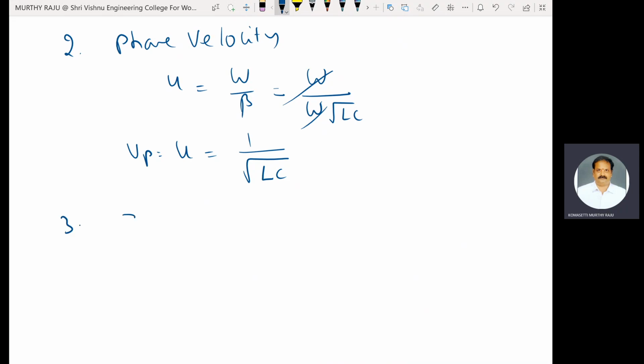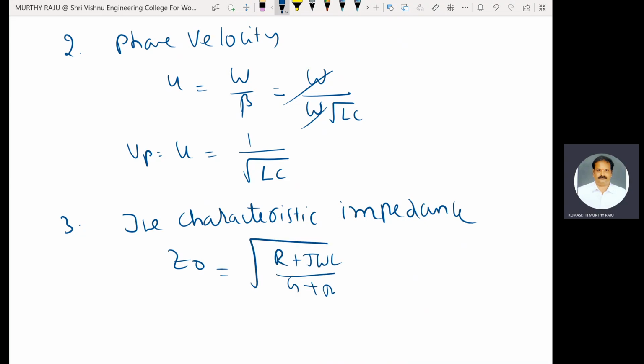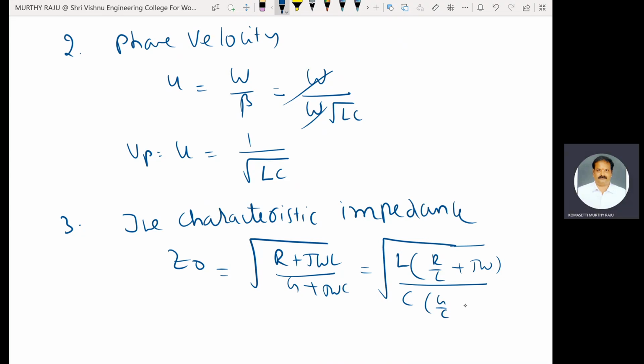Next, the characteristic impedance. Z0 is equal to square root of (R plus j omega L) by (G plus j omega C). The common term is L in the numerator and C in the denominator: (R by L plus j omega) and (G by C plus j omega).